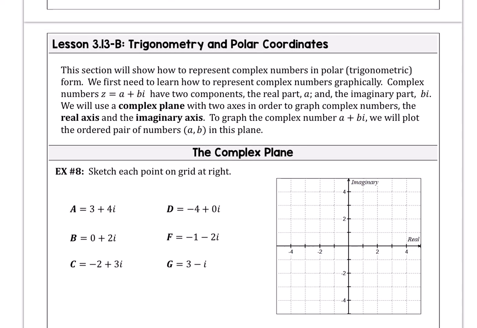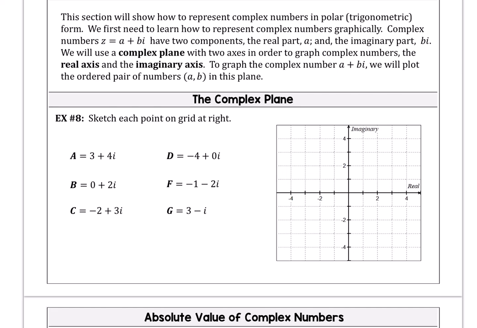In this first example, if I want to graph the real part 3 and the imaginary part 4i, we would move right 3 and up 4, and that one point would be my location for that complex number at A. 0 to i is going to sit on the imaginary axis.